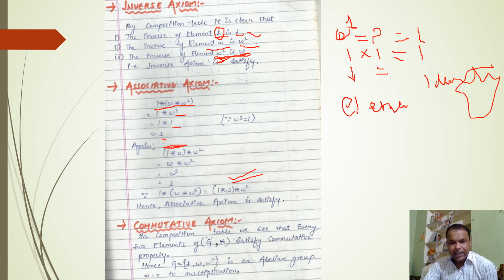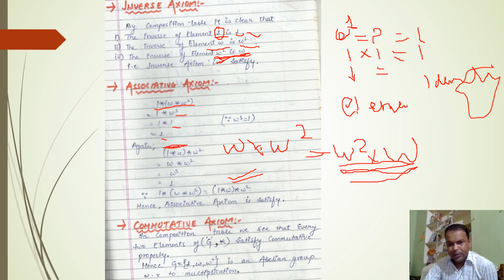Similarly, in the composition table, we see that the product of every two elements is commutative. If we multiply omega by omega square, then we will get the same result which we find by multiplying omega square by omega. So in the composition table, it is clear that the commutative axiom is satisfied for every element.